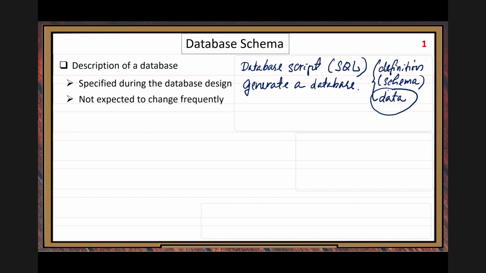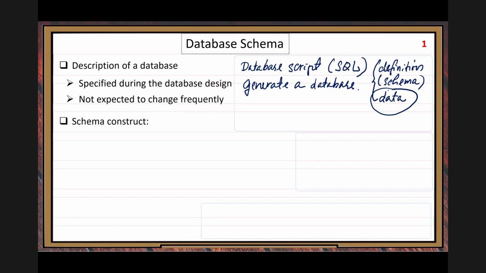Although when necessary, we need to make an adjustment, especially when the business requirements change. You may need to change the database structure. Sometimes when you need to add new features, you may need to add new tables. All right.